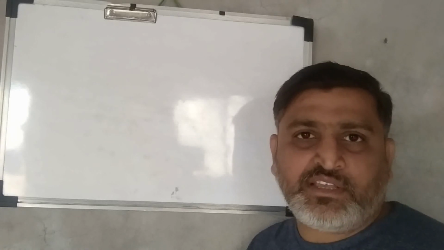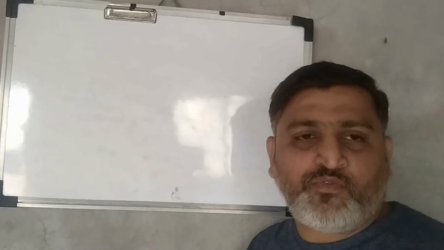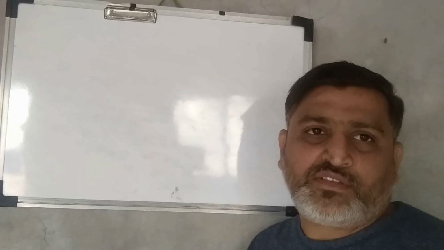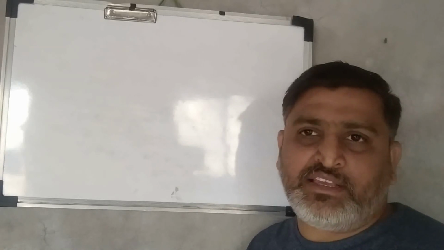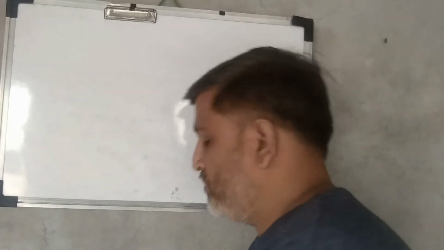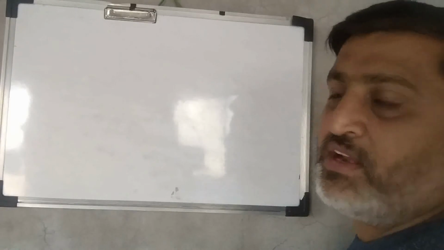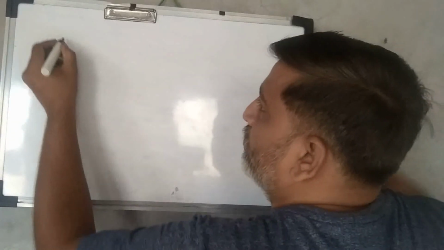This exercise is dropped from the syllabus, so don't worry about it. Now we are going to study the next exercise, which is about the magnifying glass and the application of lenses.